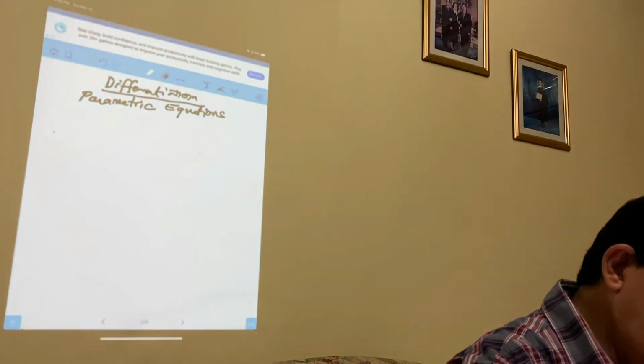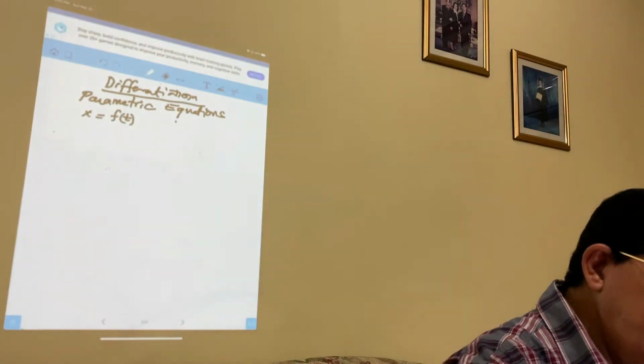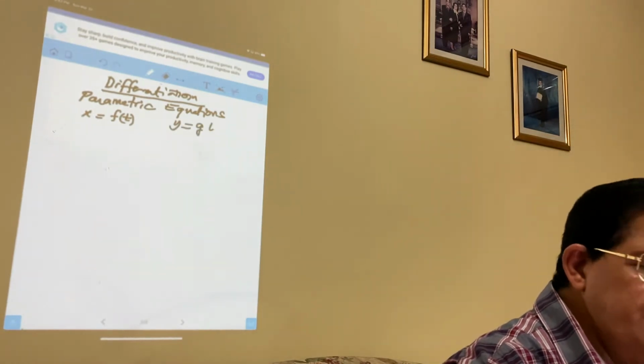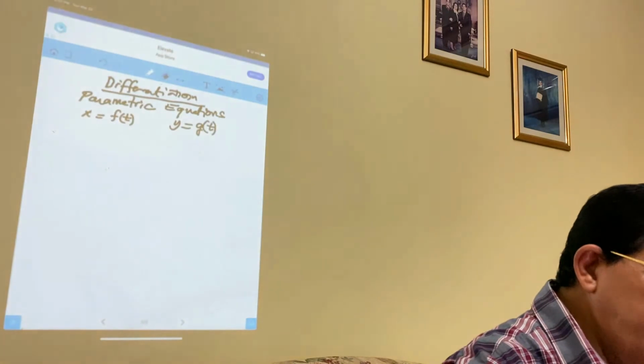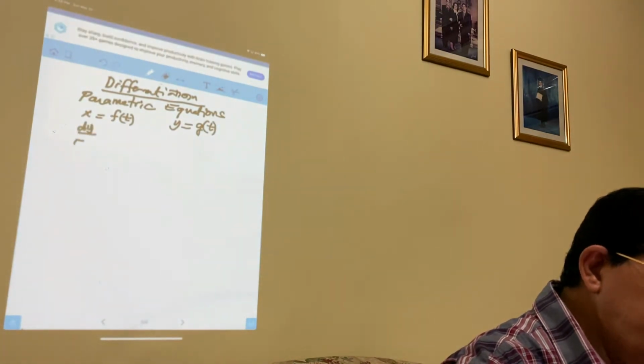For example, x was a function of t and y was another function of t. And we wanted to find dy by dx.